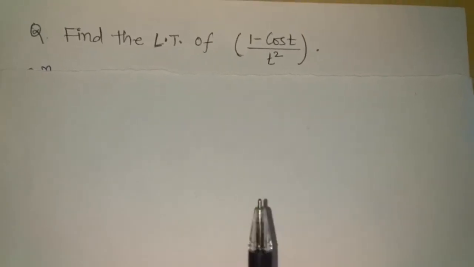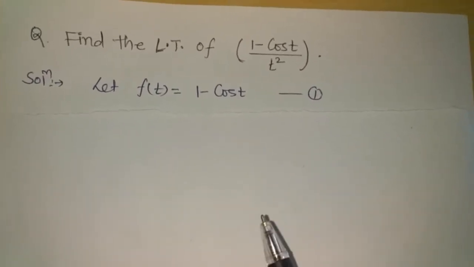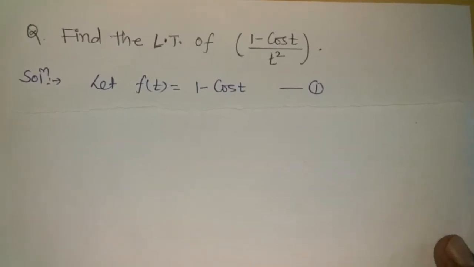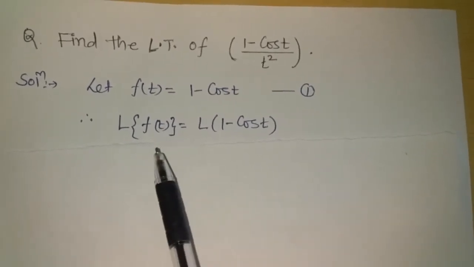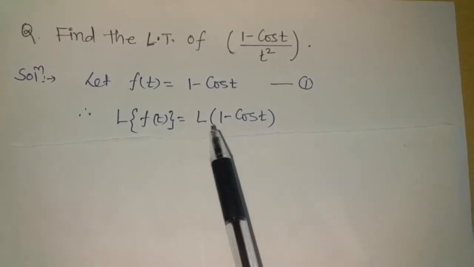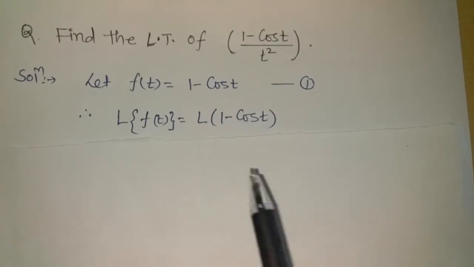So we start by assuming f(t) function is 1 minus cos t. Now the Laplace transform of f(t) is Laplace transform of 1 minus cos t. Here we apply the linear property of Laplace transform.